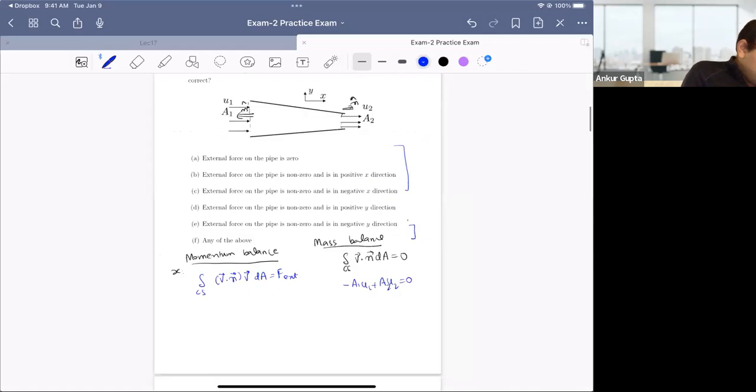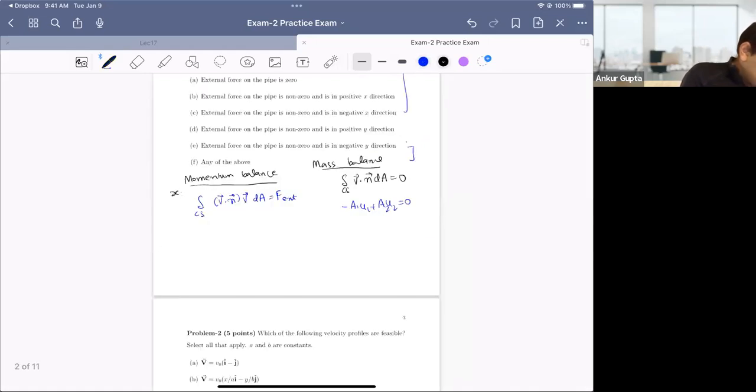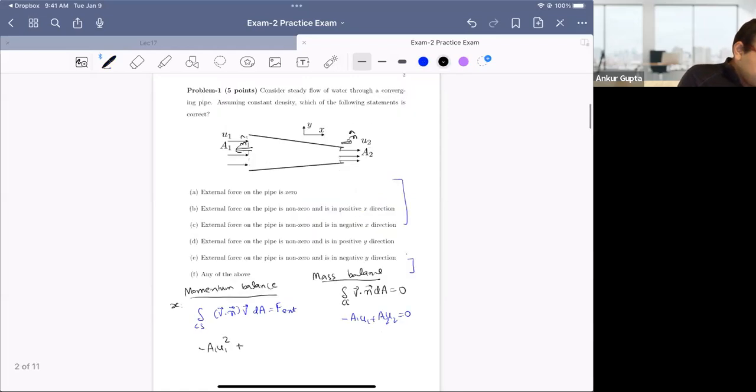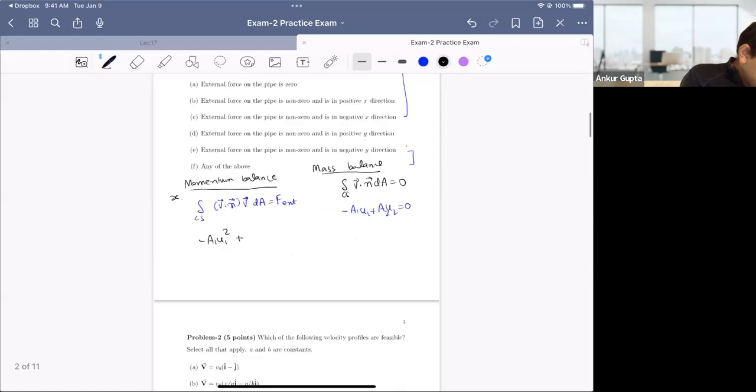So V dot N V dA. On the left hand side, it's negative: we have minus A1 U1, but the velocity is in the positive direction still. So it's minus A1 U1 squared plus, on the right hand side, which is positive and the velocity is also positive, plus A2 U2 squared, is equal to F external. We know A1 U1 is equal to A2 U2 from mass balance.